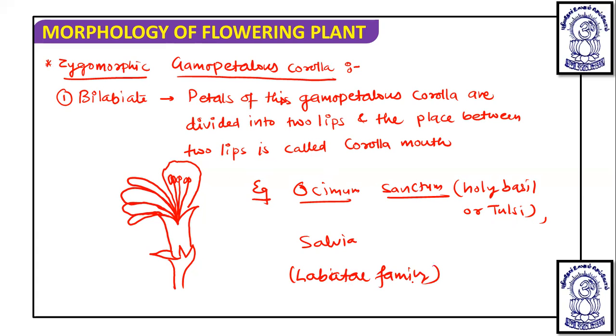Okay. Now after this, next we are going to talk about another type, the second type of this zygomorphic gamopetalous corolla, and that is ligulate.